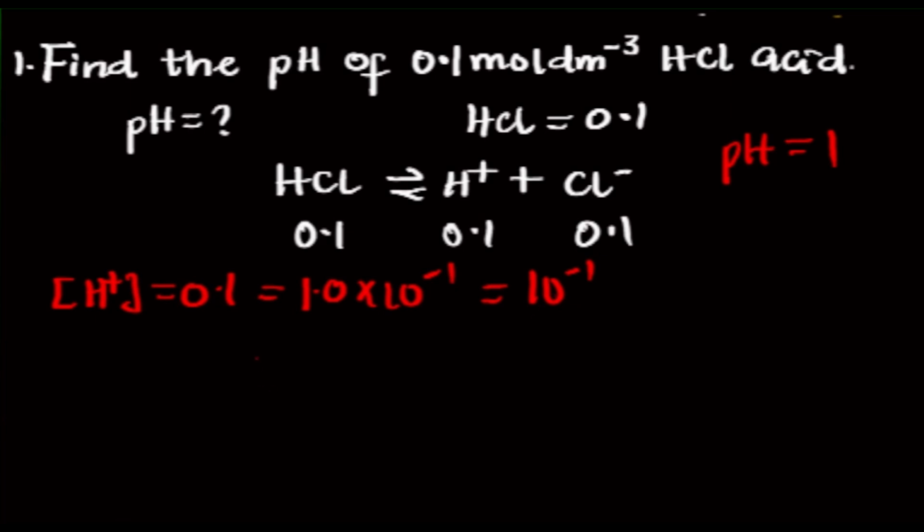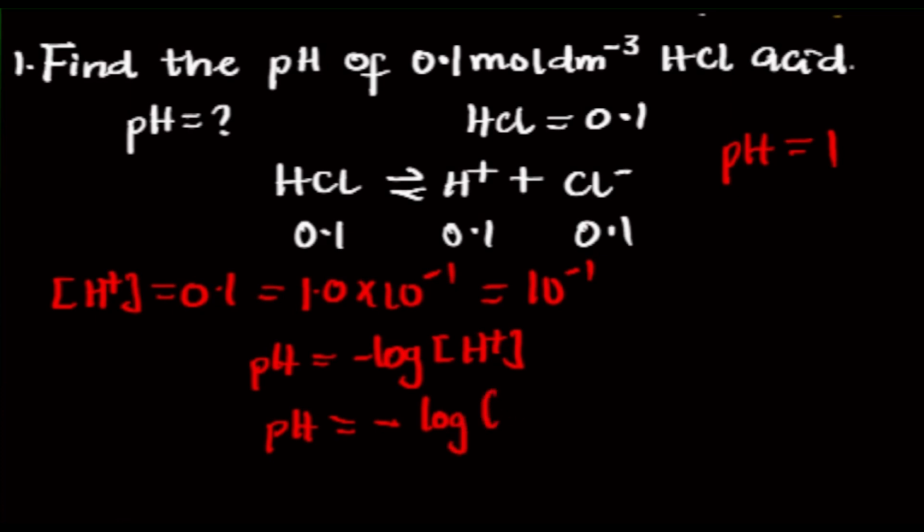Now, if I put it into pH equals negative logarithm of hydrogen ion concentration, I'm going to have pH equals minus log of 10 raised to the power minus 1. That's what I'm having.